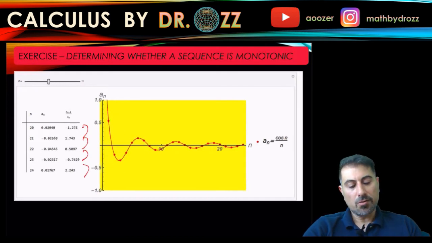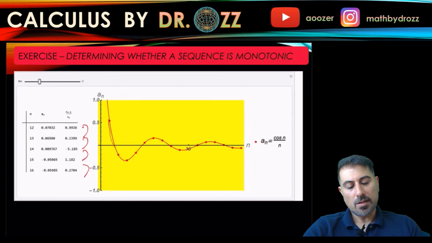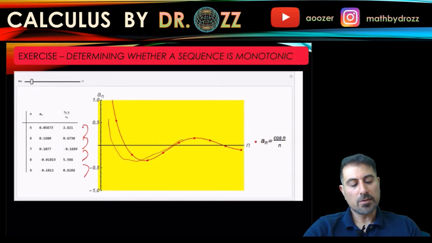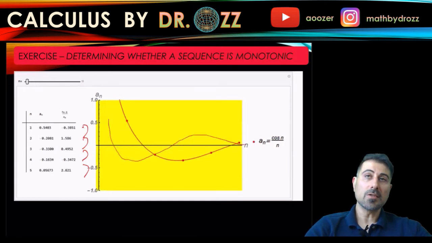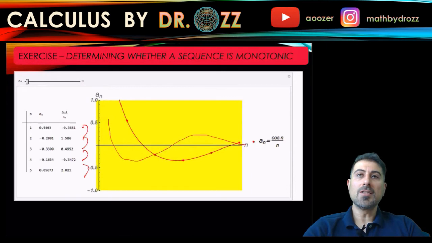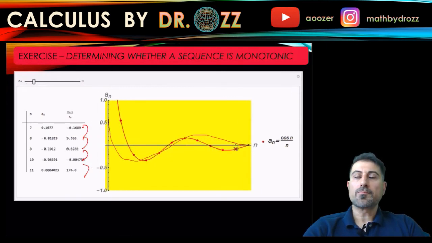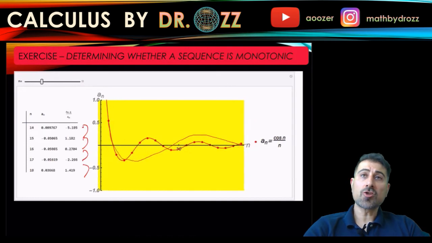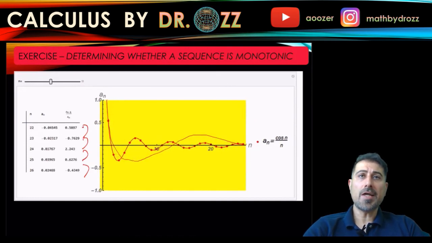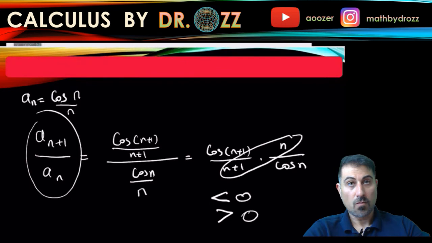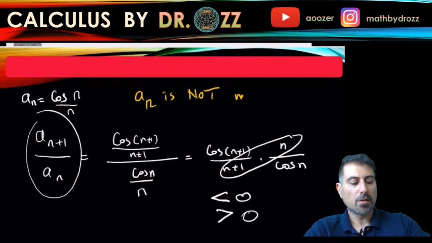You can also see that it decreases, increases, decreases, and increases. So this is not monotonic behavior. Now in the next slide, let's check if a_n is bounded. But before then, let's just put here that a_n is not monotonic.